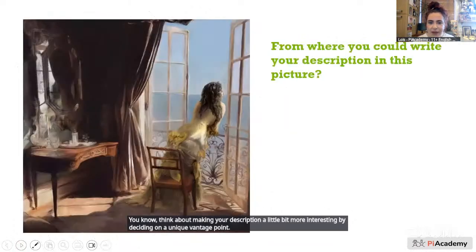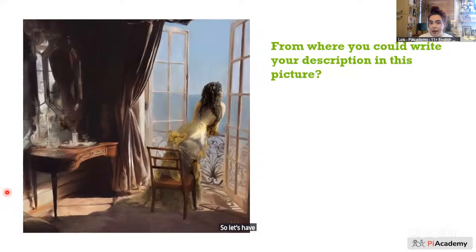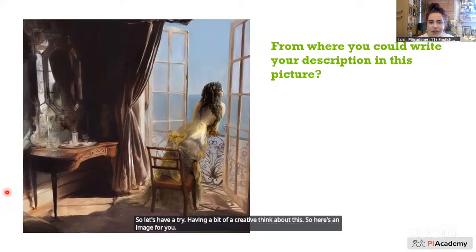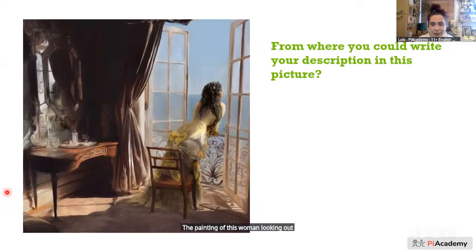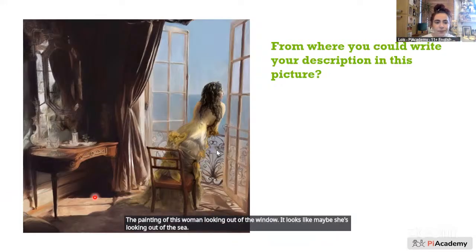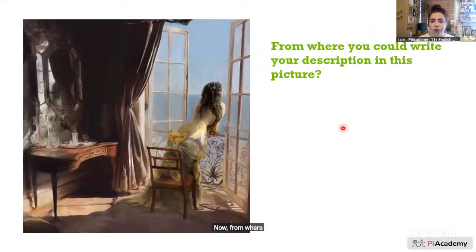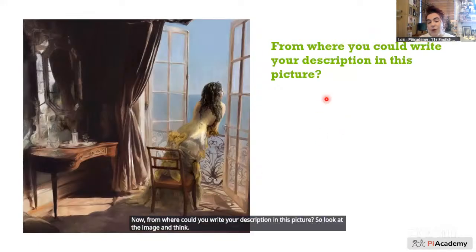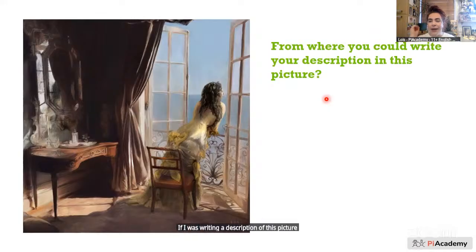So let's have a try at a bit of a creative think about this. Here's an image for you. It's a painting of a woman looking out of the window. It looks like maybe she's looking out at the sea. Now, from where could you write your description of this picture? If I was writing a description of this picture, where could I place my vision?